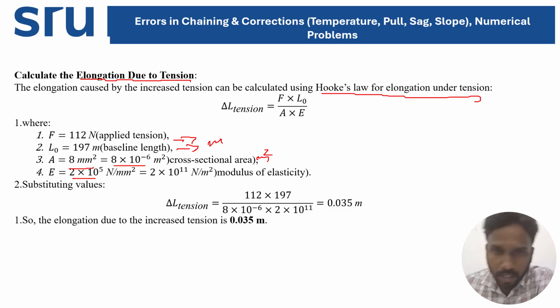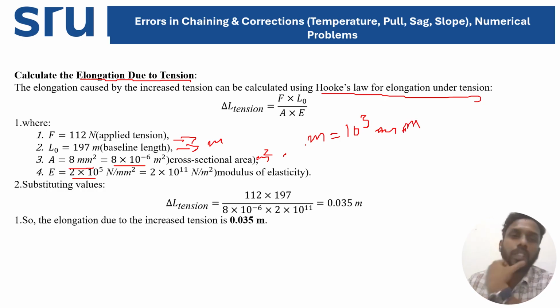So 1 meter is equal to 10 power 3 mm. So for m square, it is 10 power minus 6, because millimeter to meter has to be multiplied by 10 power minus 6.